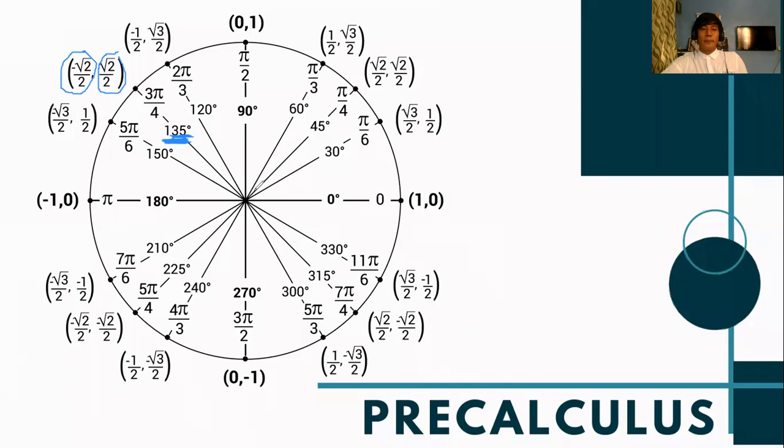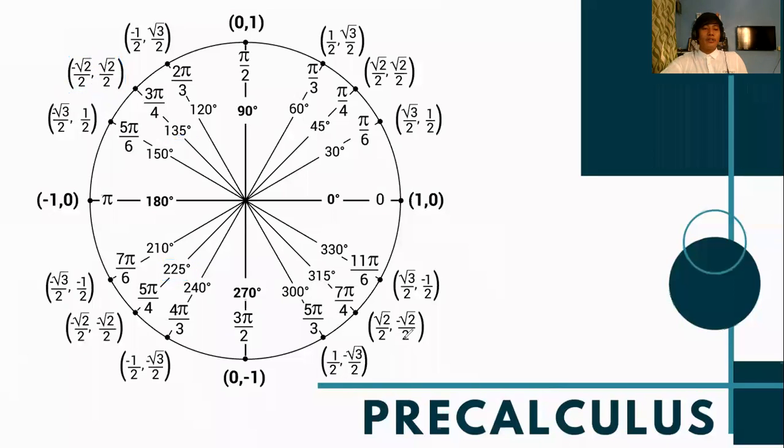Same with the value of 5 pi over 4. If you press in the calculator the cosine of 225 degrees, you will get negative the square root of 2 over 2, because all of these are families.